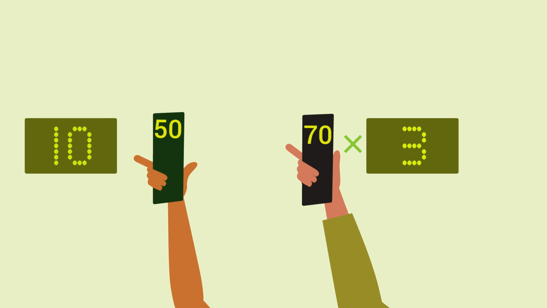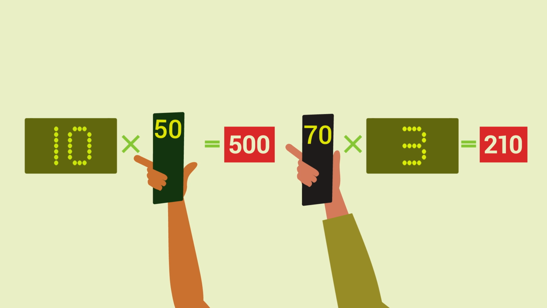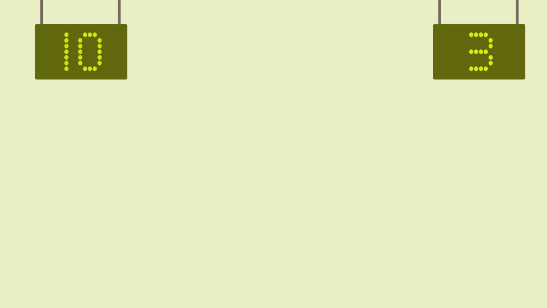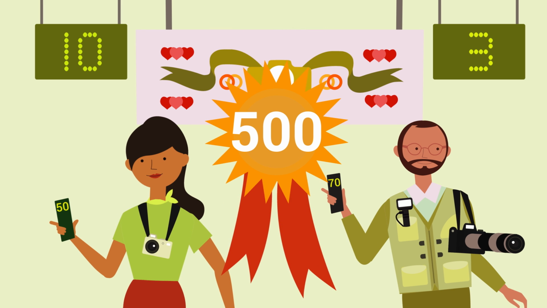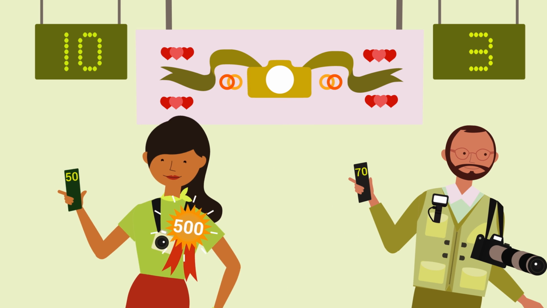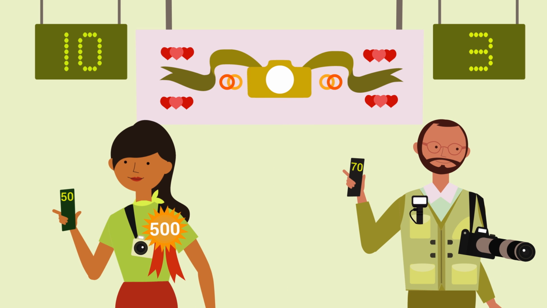Multiplied out, Sahil's auction score, called ad rank, is 210. Ria scores an impressive 500, even with a lower max CPC. So what does that mean? Although her bid was 20 rupees less than Sahil's, Ria's advert wins the auction, and she gets a higher position on the page than Sahil.